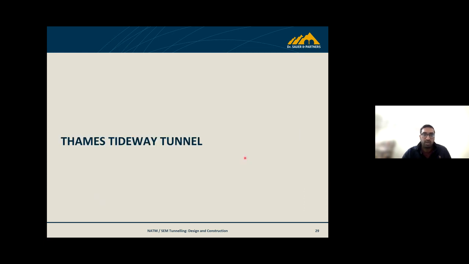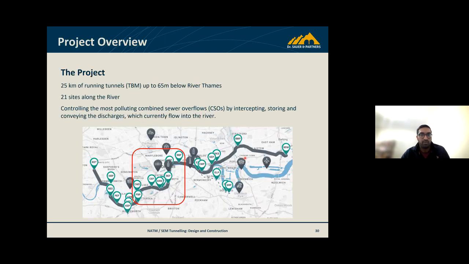The Thames Tideway Tunnel is one of the most recent projects I was involved with. That's 25 kilometers of running tunnels, TBM, running up to 65 meters below the River Thames. The section that I was responsible for was this area here.